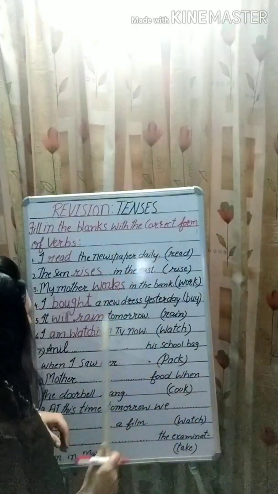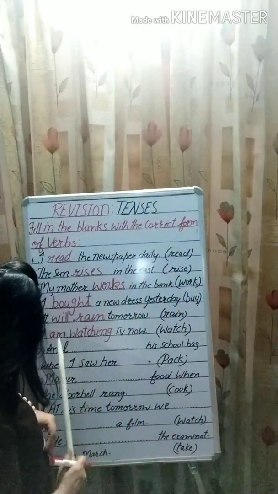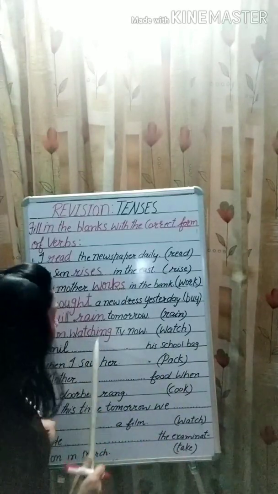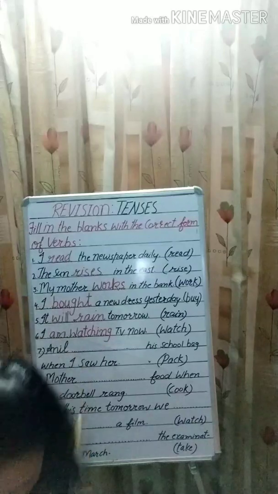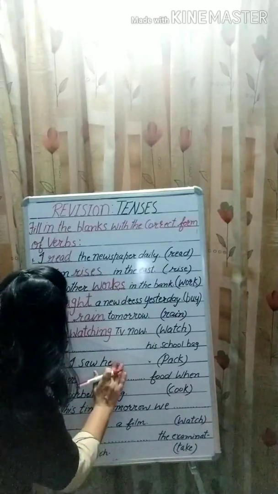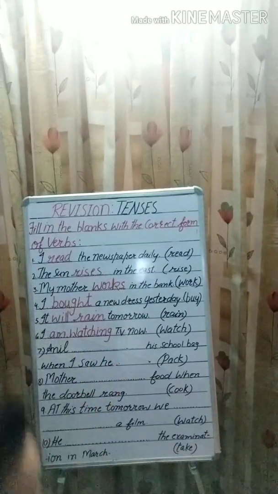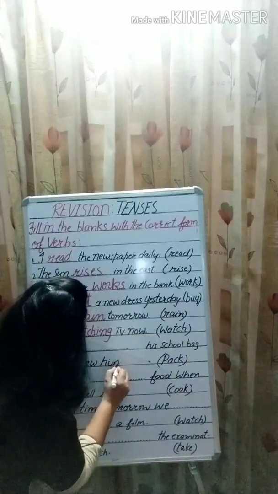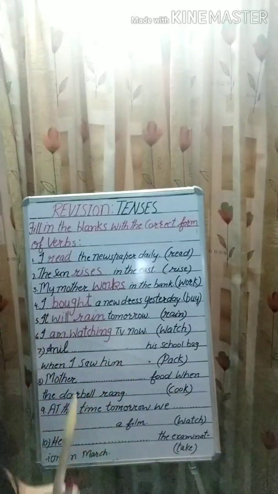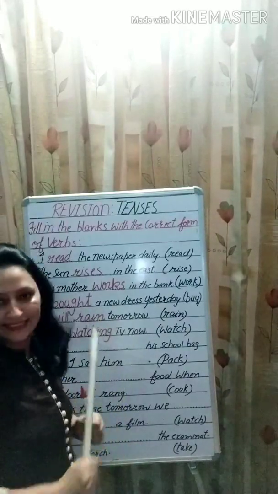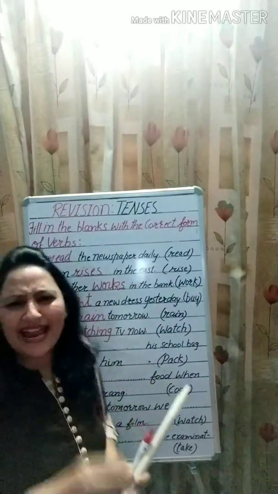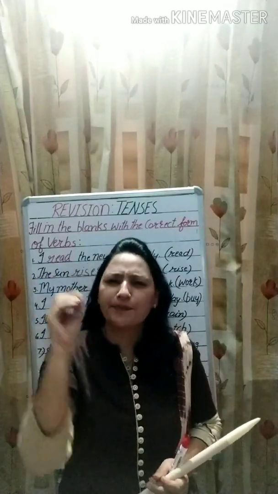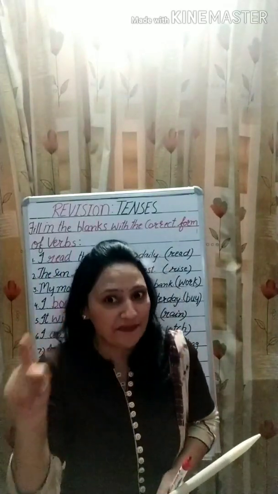Okay, now look at sentence number 7. Anil dash his school bag when I saw him. So my dear student, this sentence shows that an action was going to happen at a particular point of time in the past.